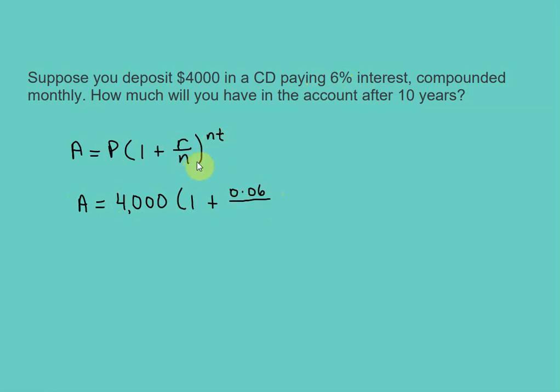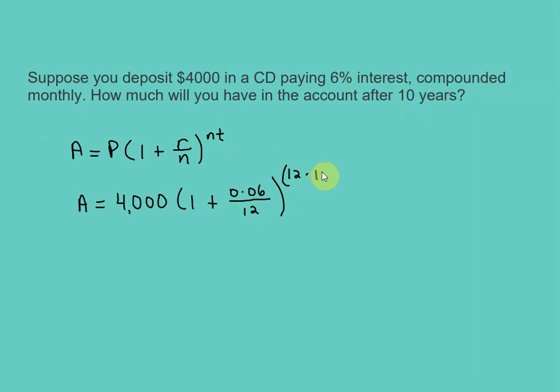Okay, so n is the number of compoundings per year. This says that it's compounded monthly, so the number of times per year would be 12. So I'm going to put that in the denominator, and then I'll also put it up here in the exponent. Times t, which is 10 years.